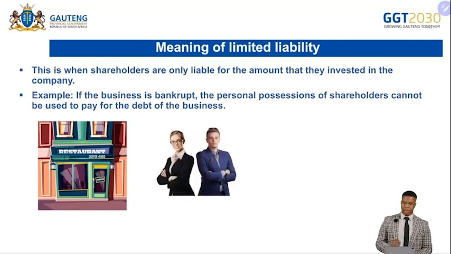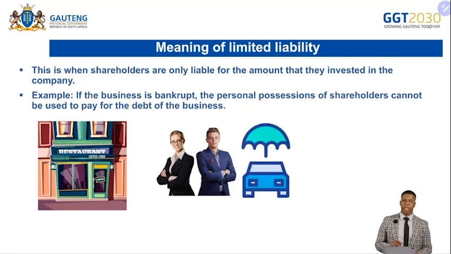If that company becomes bankrupt, it means the company cannot afford to pay its liabilities. They will not be in a position to sell your assets. They cannot sell your car or your house to pay off the debts of the business because of the issue of limited liability.